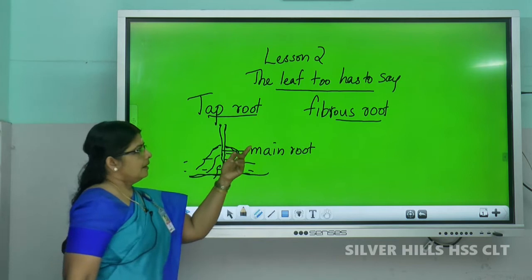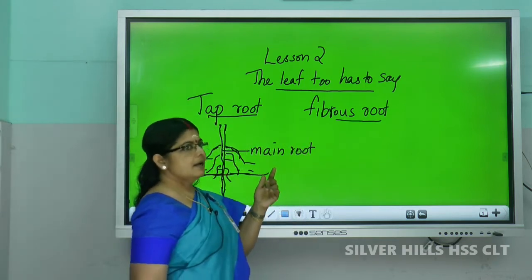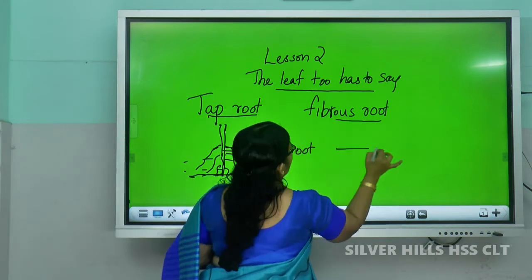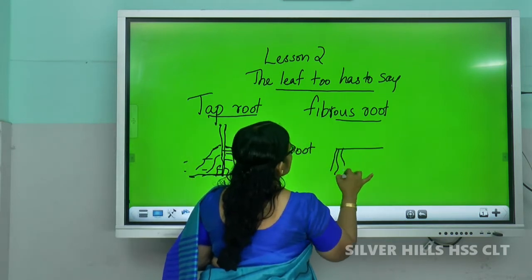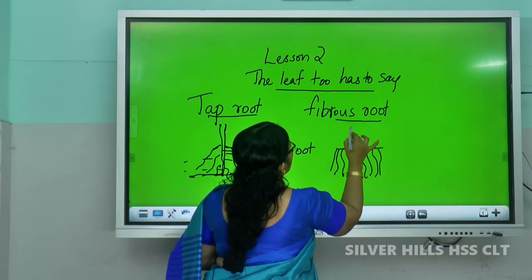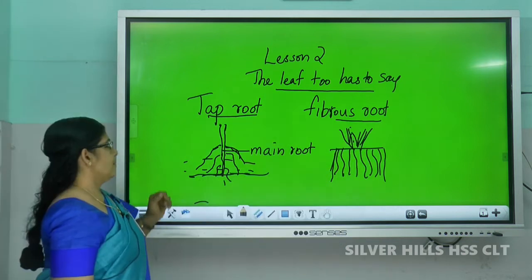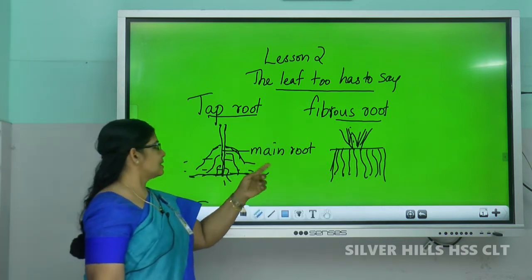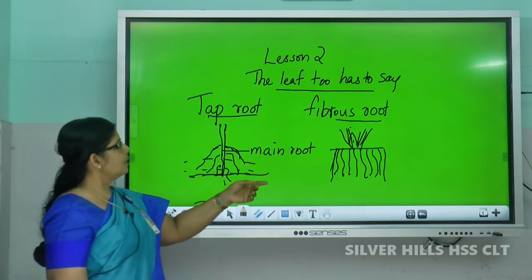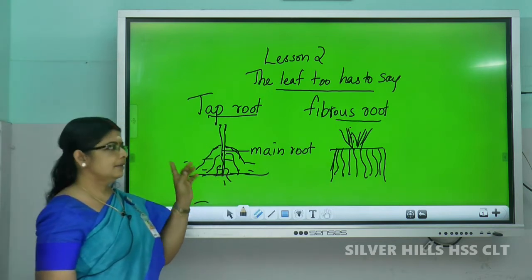Then another set of roots you can see in plants, that is fibrous root. And the plants having fibrous root, you can see only hair-like thin roots, and they have no main root like taproot.